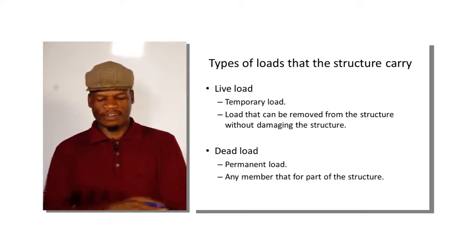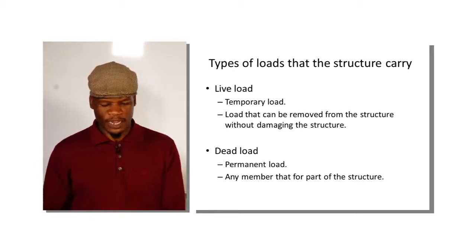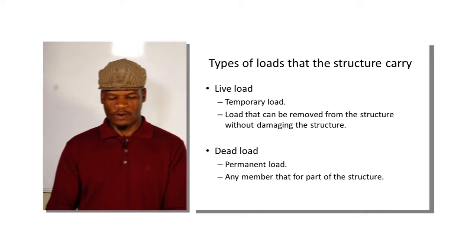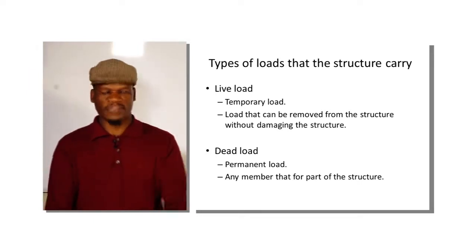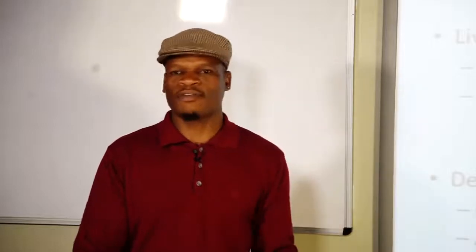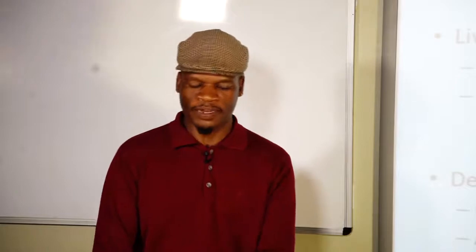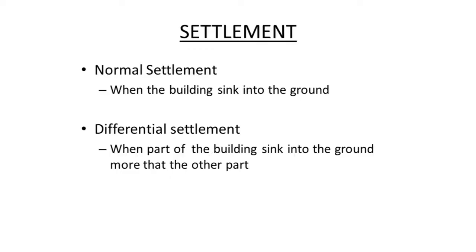If I take this arm out, the whole structure is going to be affected. So you have got the live load and the dead load. The dead load in the structure is the material being used to build the structure, the roof itself. All those materials cannot be taken out of the structure because it's going to affect the structure's stability.